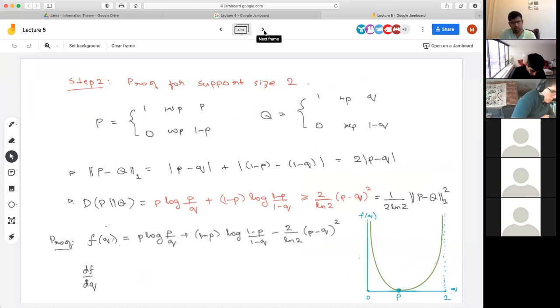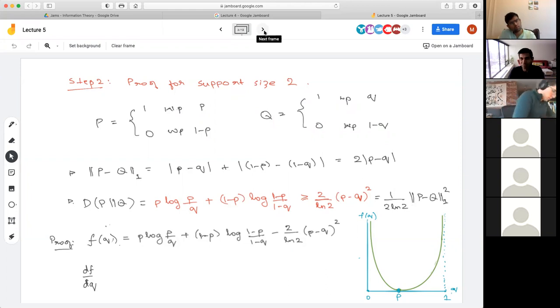And now let's get to the part which we needed to prove, which was the fact that when you have a distribution with support size 2, Pinsker's inequality holds. So let's just prove it in general for 2 distributions P and Q, which achieve the value 1 with probability p and 0 with 1 minus p, or q and 1 minus q. The L1 distance is just 2 times the absolute value of p minus q.